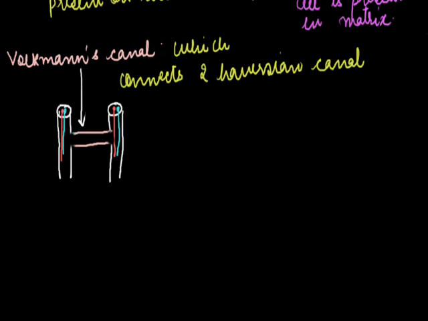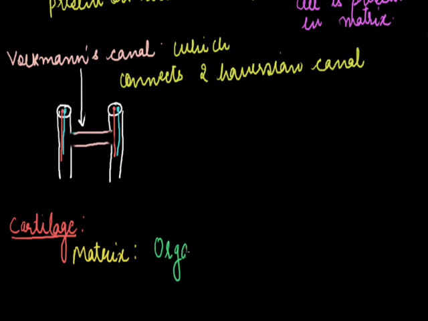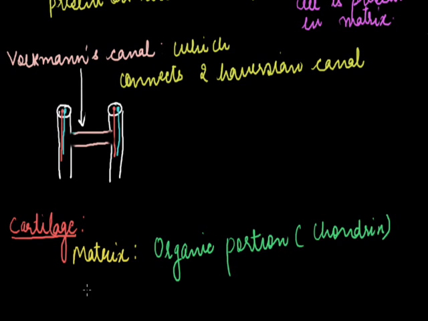Now coming on to the second type, that is the cartilage. Again coming on to the matrix. The matrix of the cartilage is made up of only the organic portion, and that contains protein, called chondrin protein, whereas the cells are called chondrocytes.